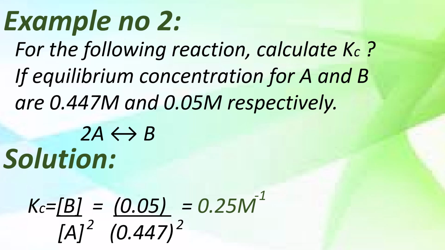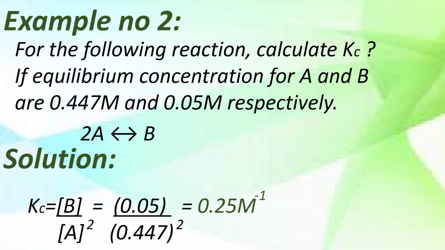Solution. Kc is equal to, here product is B, concentration of B divided by concentration of A square. The coefficient of A becomes the square. Put the value of B, 0.05, divided by the value of A at equilibrium, 0.447 square.